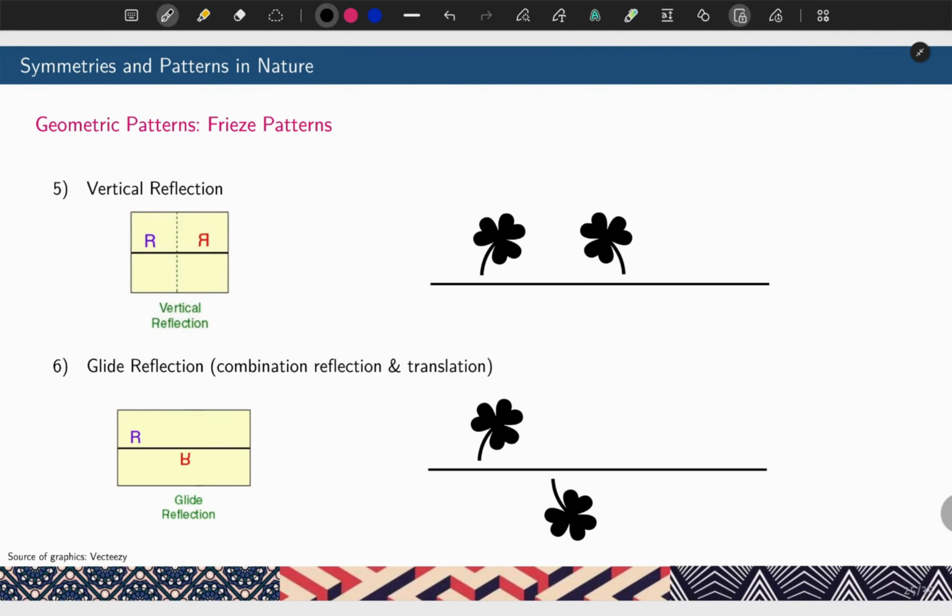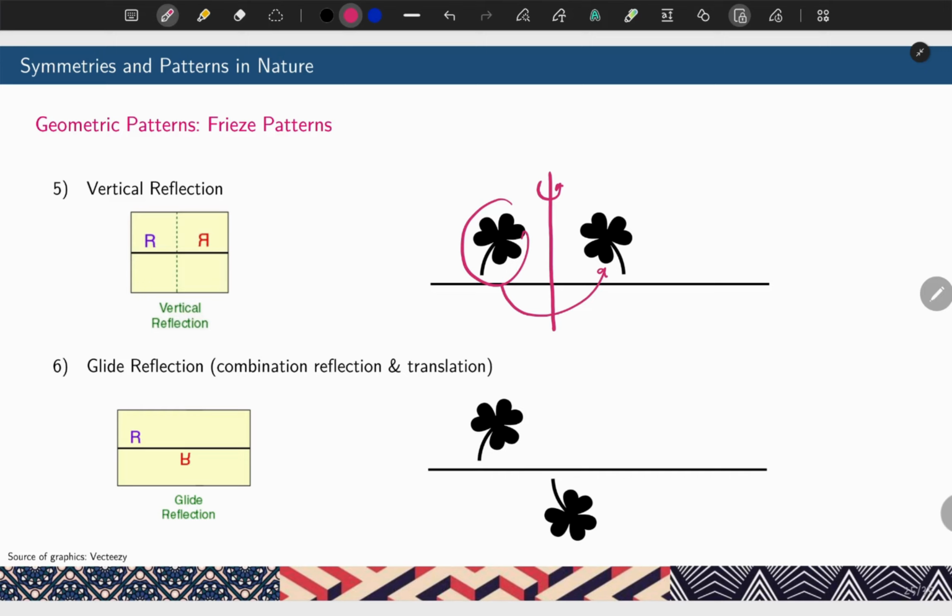Fifth, we have vertical reflection. So just like the horizontal reflection for this, we flip the image vertically. Okay, so we rotate this and then it becomes like this. This is the reflection of the original. And sixth, we have the glide reflection.